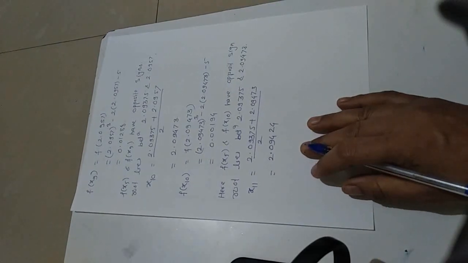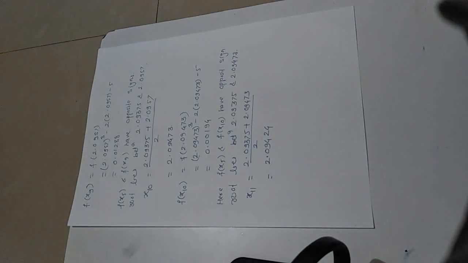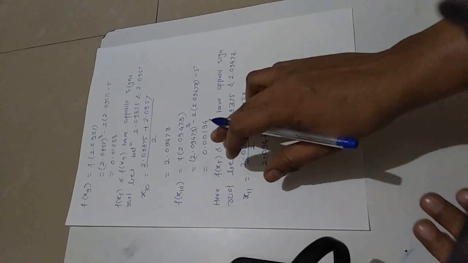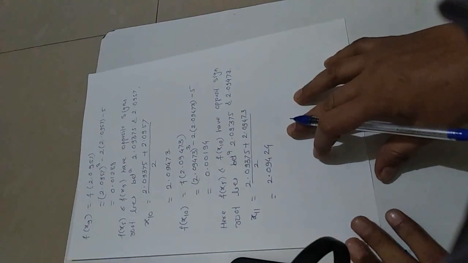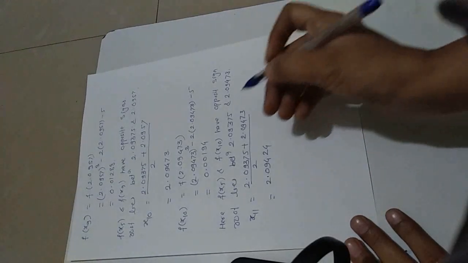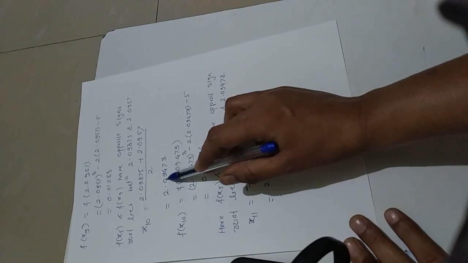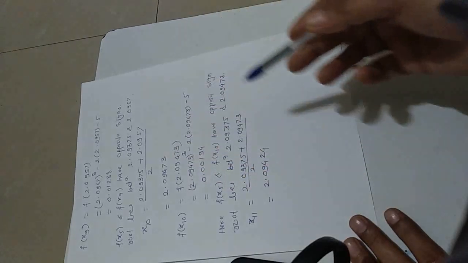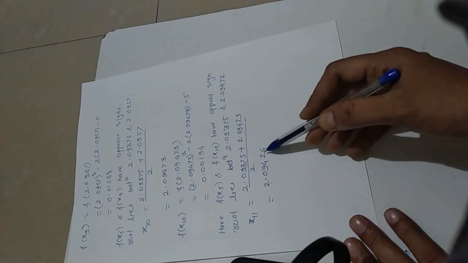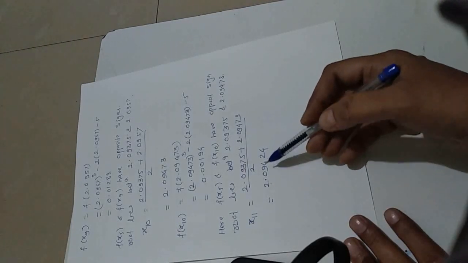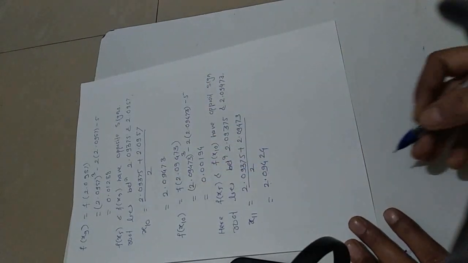Then find f of x11. Now x10 is equal to 2.09473 and x11 is equal to 2.09424, which means after the decimal point 3 digits are the same in x10 and x11.